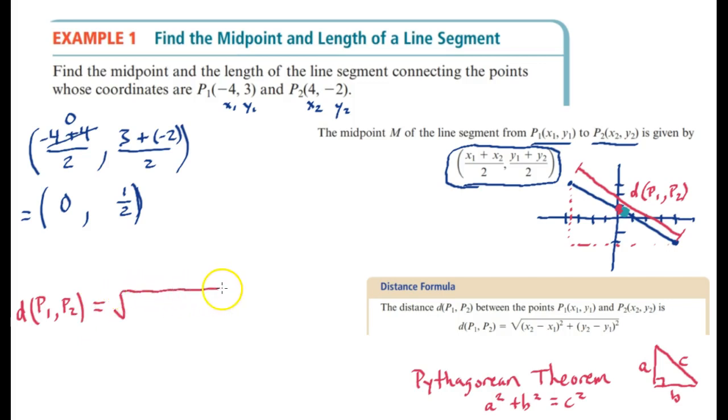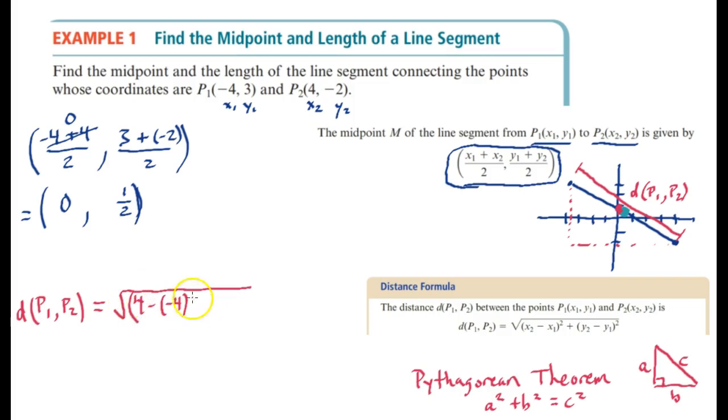What we have here is x2 minus x1. So x2 is 4 minus x1, which is -4. You have to keep track of the signs. It gets a little confusing, but notice it's minus x1, and so it's minus a negative number.